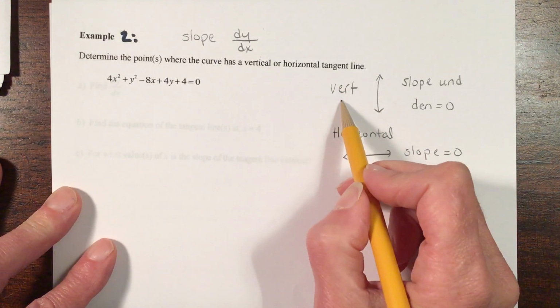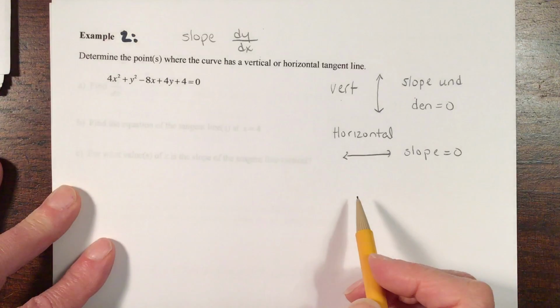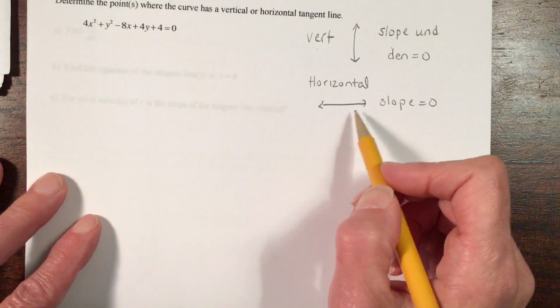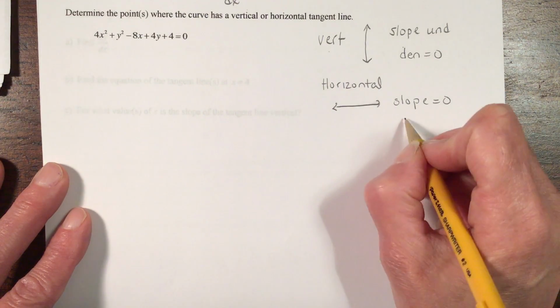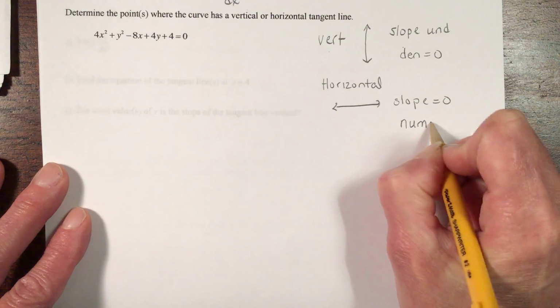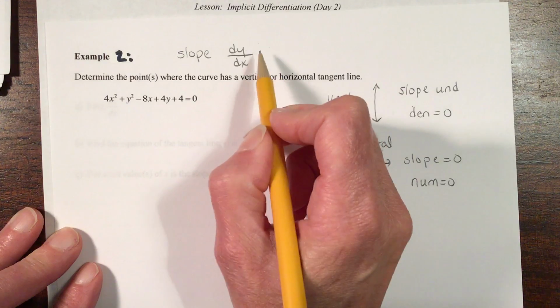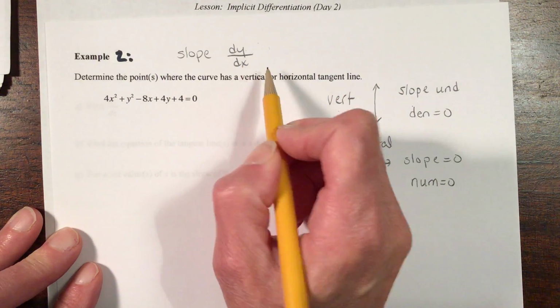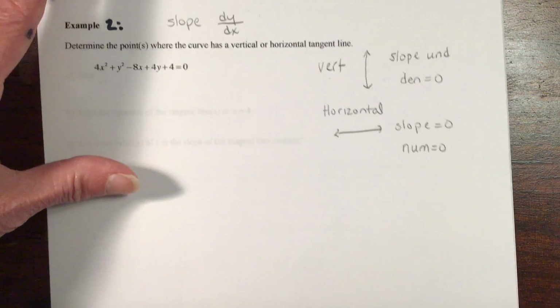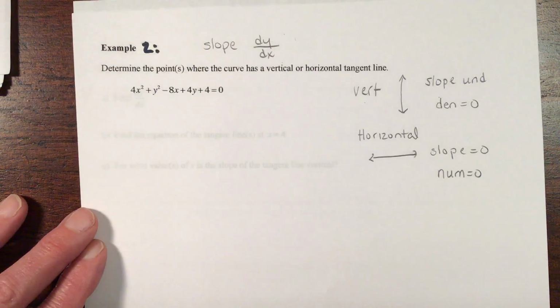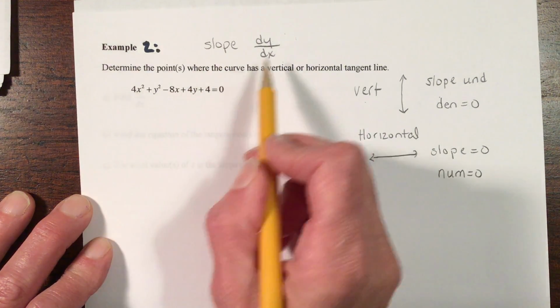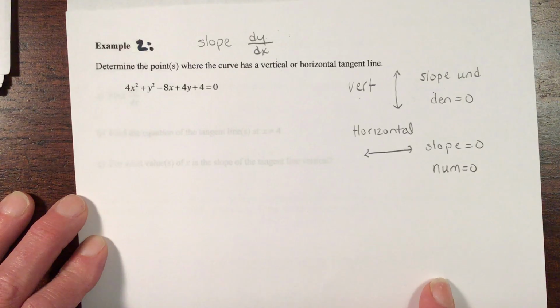In the first case, vertical, I set the denominator equal to 0. When I'm looking for a horizontal, I'm going to set the numerator equal to 0, because numerator equal to 0 makes the whole thing 0. Denominator equal to 0 makes it undefined. Okay. So obviously, I'm going to have to find dy/dx in order to answer anything.